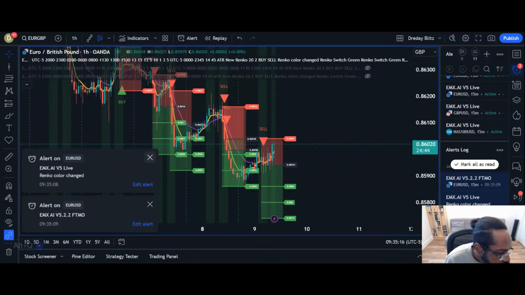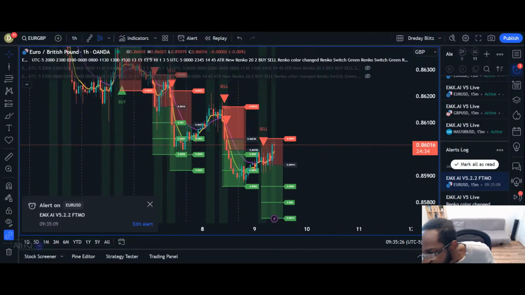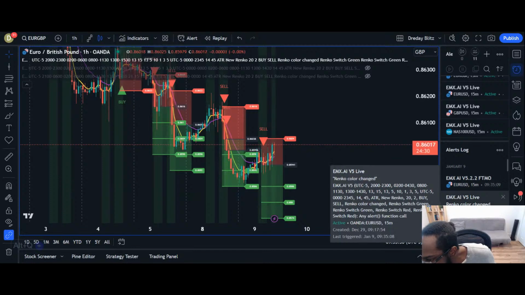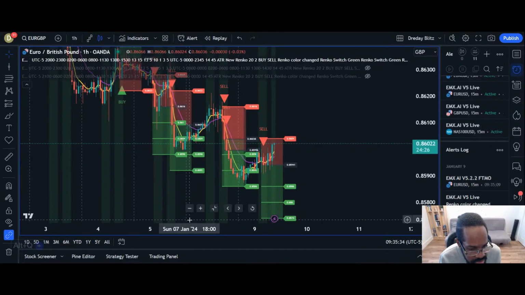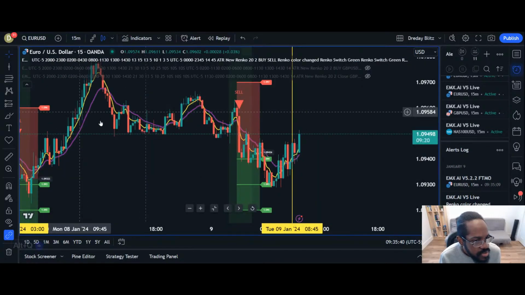So Euro USD. We have a color change. Color change. So expecting to have the price going in the opposite way at this point.